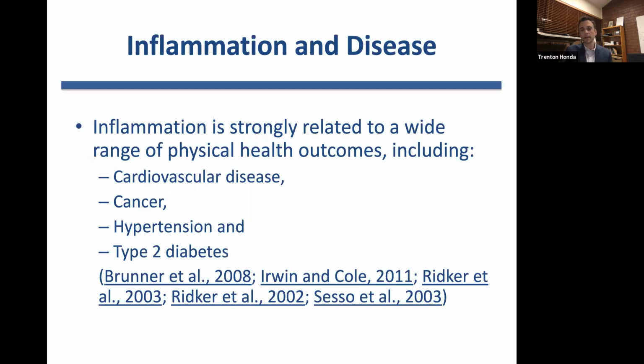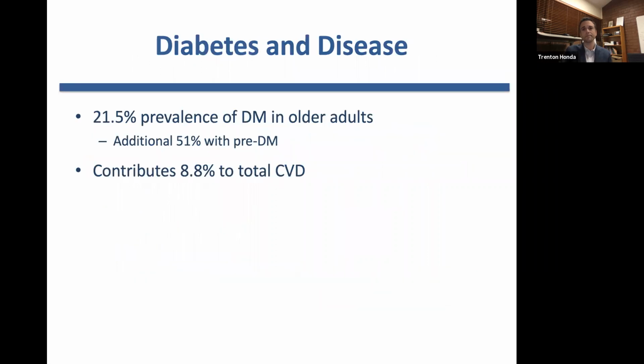And so if we talk about the previous literature looking at inflammation and disease, inflammation has been strongly related to a wide range of outcomes, including cardiovascular disease, cancer, hypertension, and then type 2 diabetes. And diabetes is also known to be a major cause of cardiovascular mortality, contributing 8.8% to total CVD mortality in the United States.